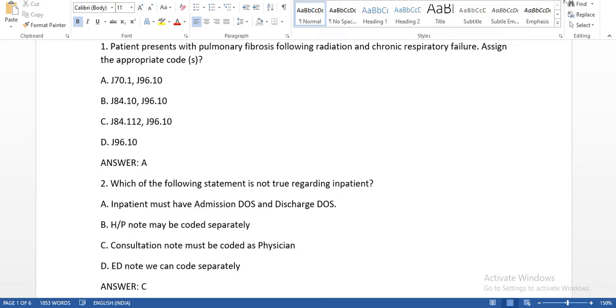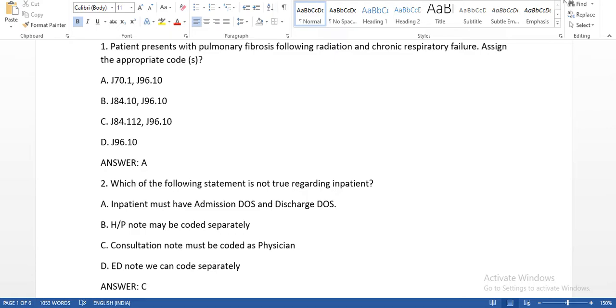Pulmonary fibrosis is a serious lifelong lung disease. It causes lung scarring. Scarring means tissue scars and thickens over time, making it harder to breathe. Symptoms may come on quickly or take years to develop. There is no cure for pulmonary fibrosis, so we need to code it as an HCC condition as it exists for life.